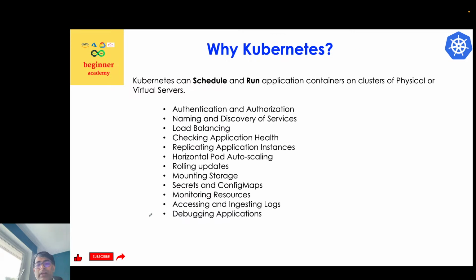So why Kubernetes? You can have authentication and authorization. Naming and discovery of services was a bit easier. If you wanted a load balancer, with a few configurations and a service, you can enable your own load balancing. You can have application health checks, auto healing, or horizontal scaling.